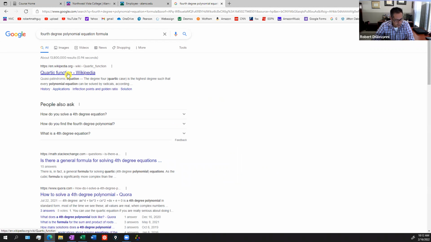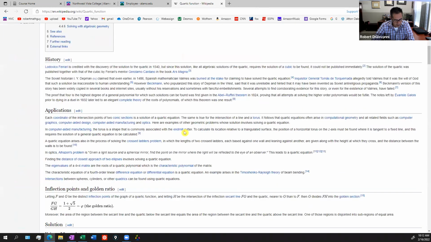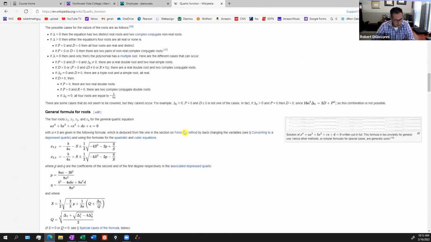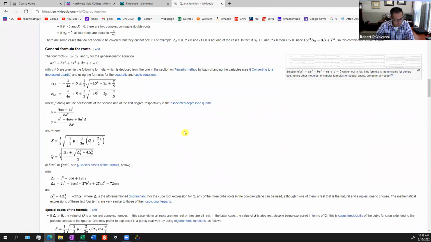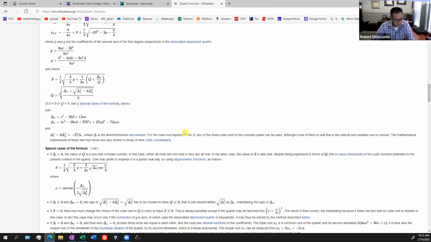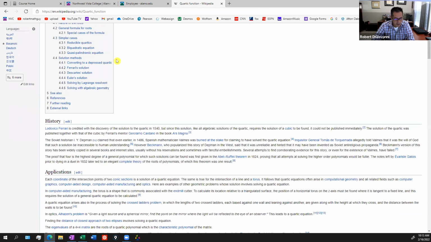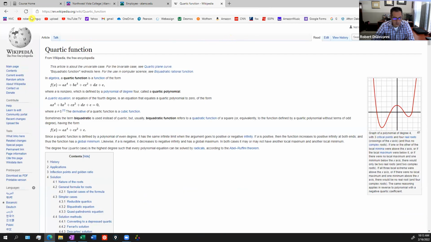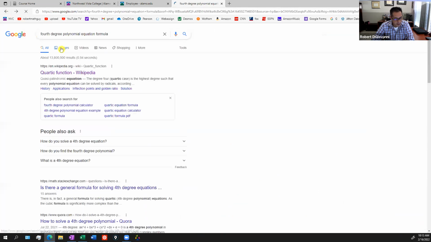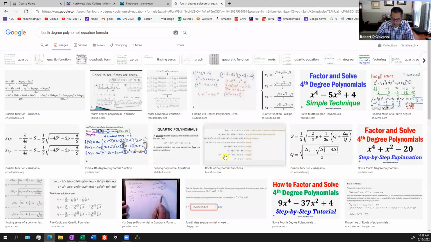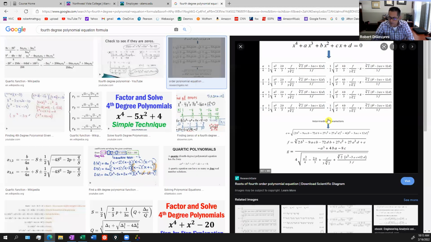Quartic function. We'll go to Wikipedia, even though that's not necessarily a good thing. Let me go to images. I think we'll get it with an image, maybe. No. Yeah, here we go. It has something to do with this.